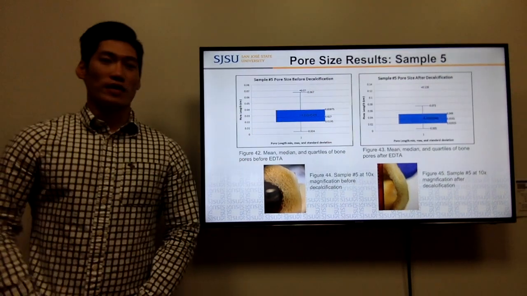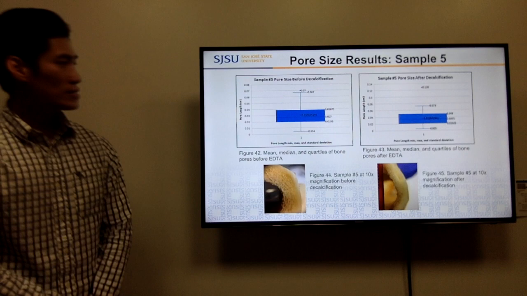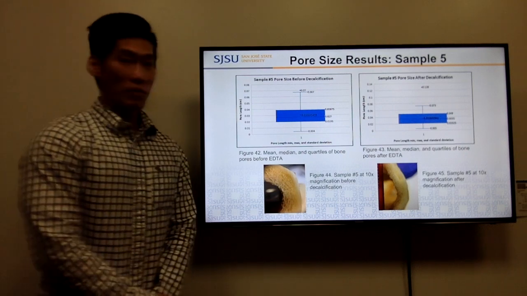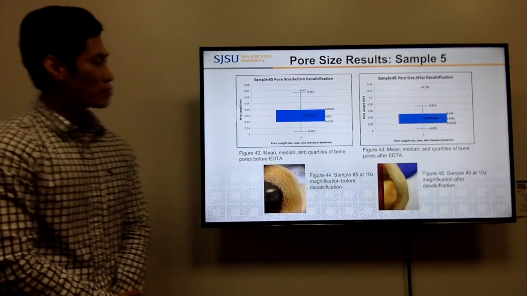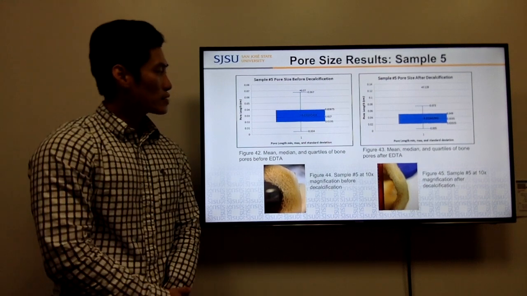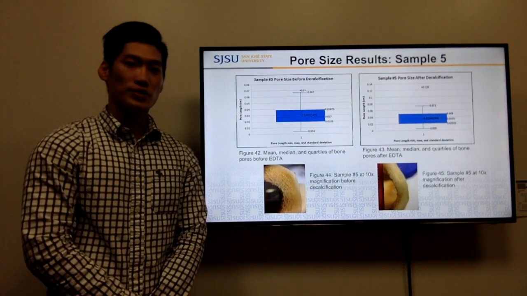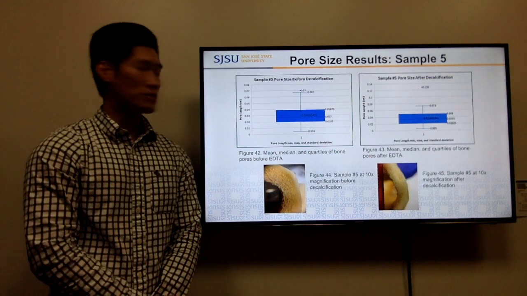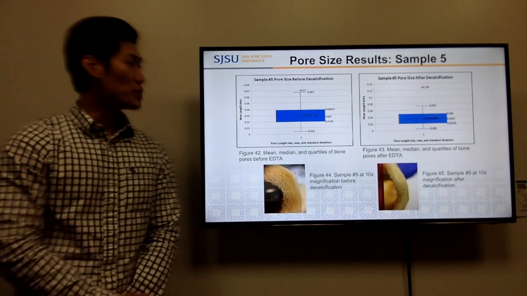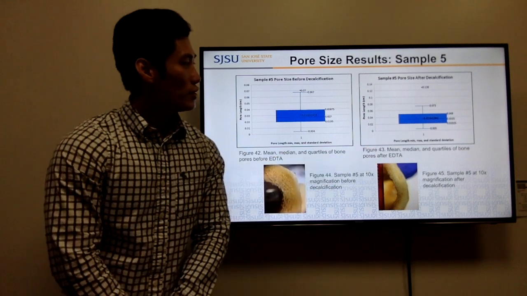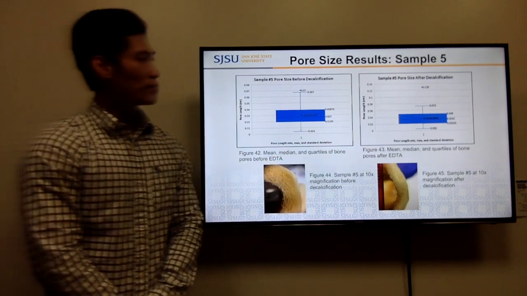So for the before and after decalcified result analysis, we show you bone sample 5. The first chart is the before decalcification, where the pore length goes from a minimum of 0.004 centimeter to 0.07 centimeter with a median at 0.027 centimeter. And the chart here shows after the decalcification process.